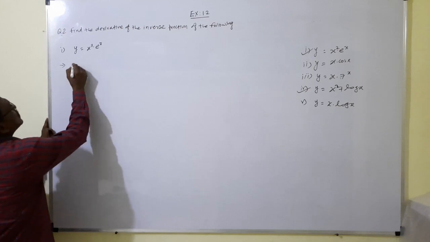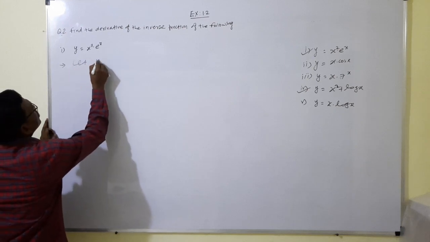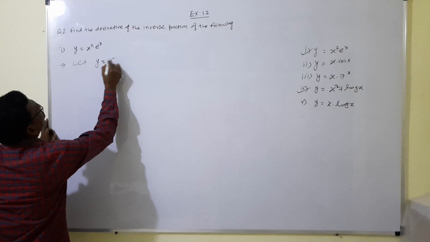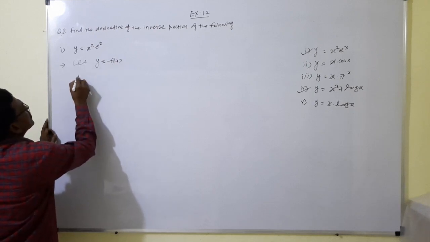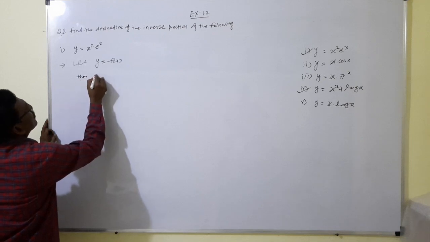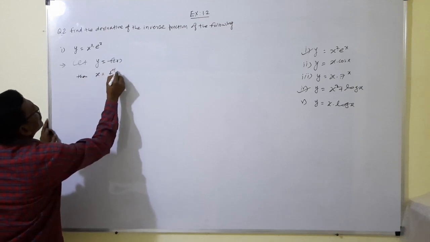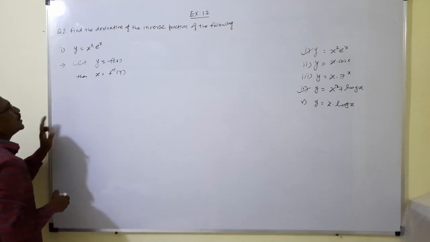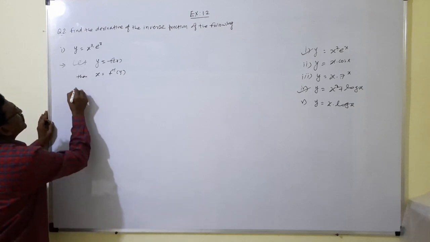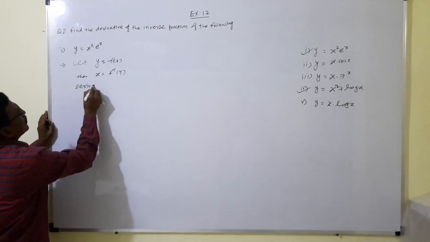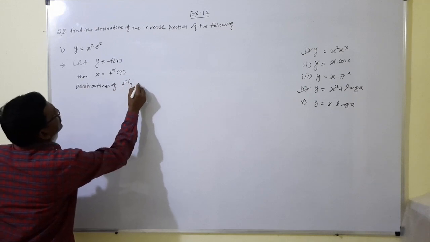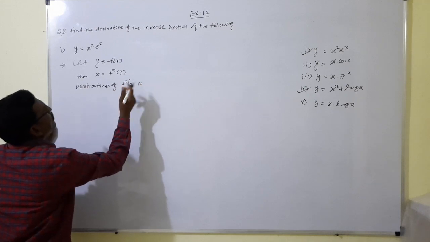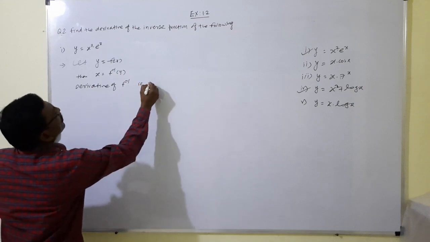This given function is in the form y equal to f of x, and its inverse is x equal to f inverse of y, and the derivative of this f inverse y is dx by dy.